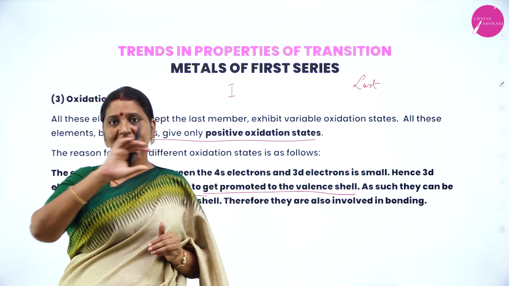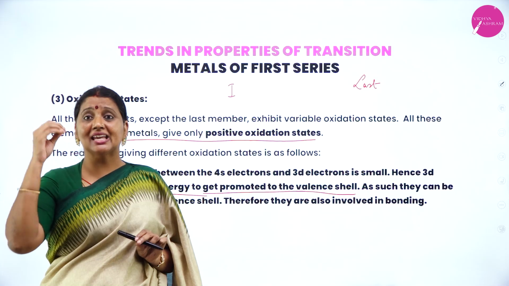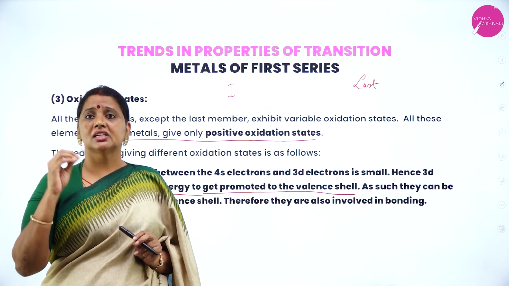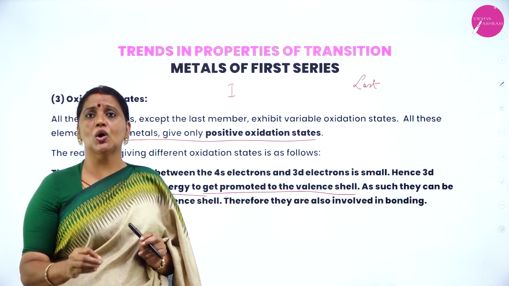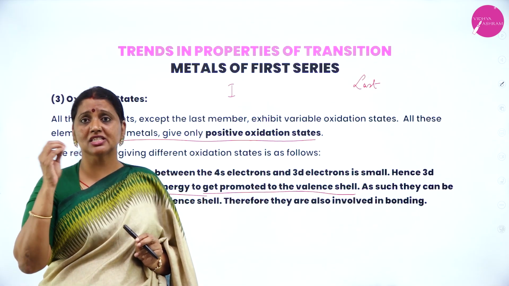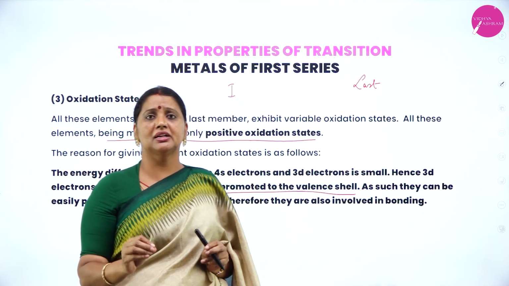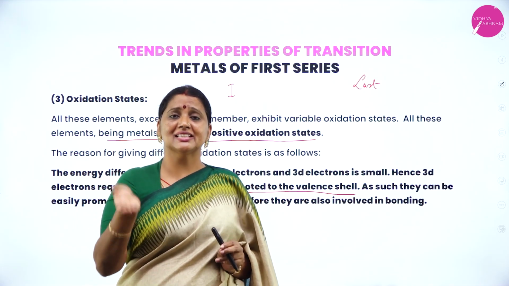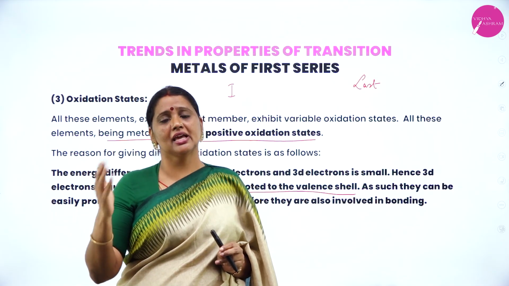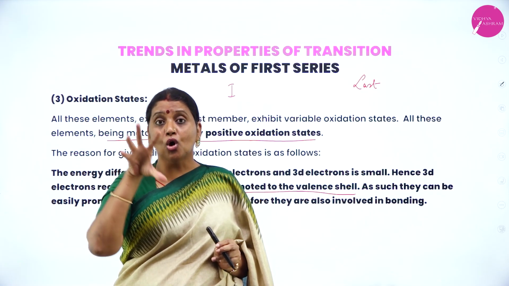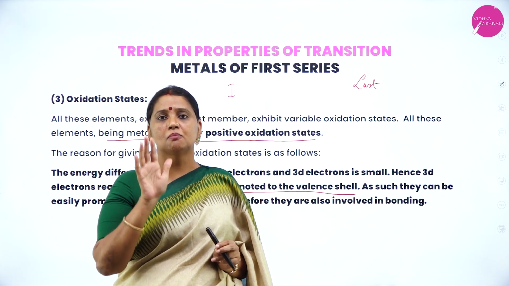In one sentence, you can say the variable oxidation states of the 3d series are because of the involvement of both the electrons present in the ns orbital as well as the n-1 d orbital, both involved in bonding.